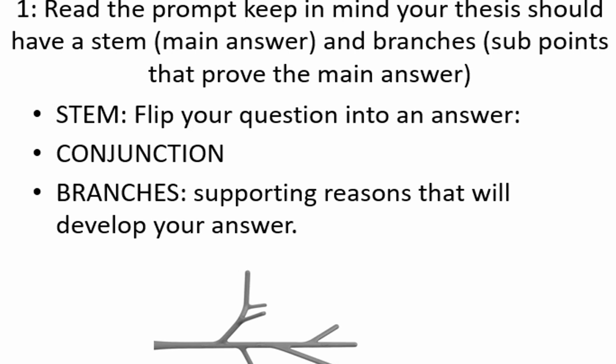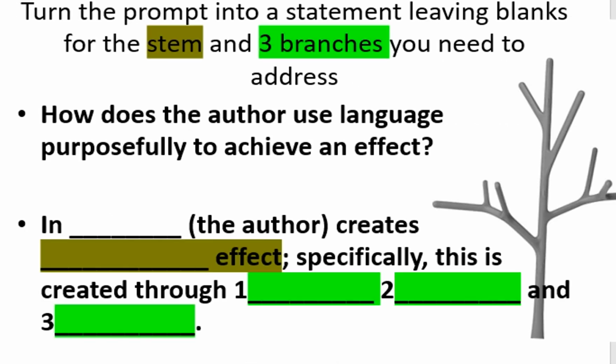There's a little conjunction, which is like the word specifically, that just signals that you're about to get into your examples. And then the branches, I'm not sure if you can see all the branches on the screen, but each of the branches is one way that effect, in this case the conflict, is achieved. So we've got the stem, the main answer, that is the effect created; the conjunction, just signaling you're about to get more specific; and branches, 3 different types of language that achieve that effect.